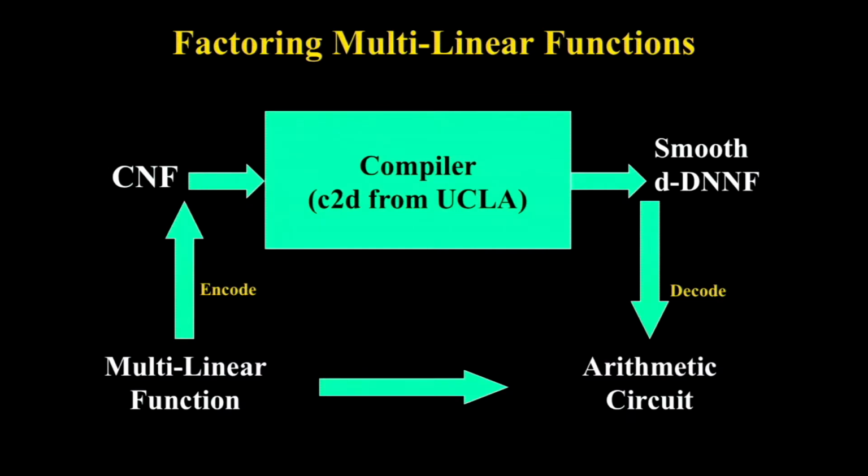So there are a number of compilers out there that compile into circuits that satisfy these properties. I'm mentioning C2D, probably one of the oldest, still state of the art. There is another example, D# from Toronto. There is a very recent compiler just last year from France, from the group of Pierre Marquis.